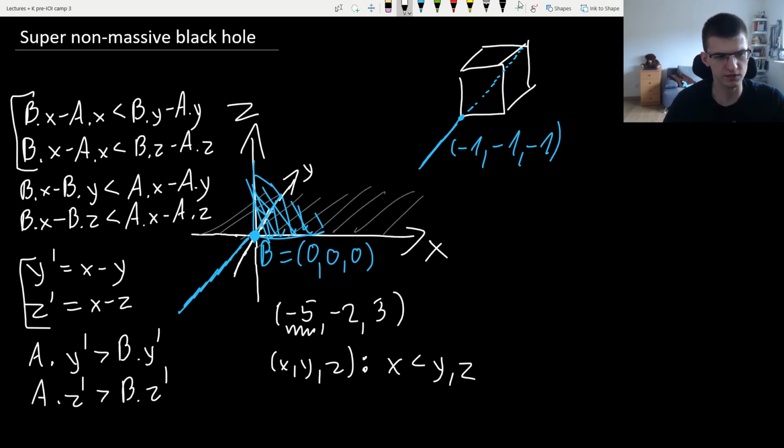After I just replaced every coordinate like that, y changes to y prime, z changes to z prime, according to those equations.